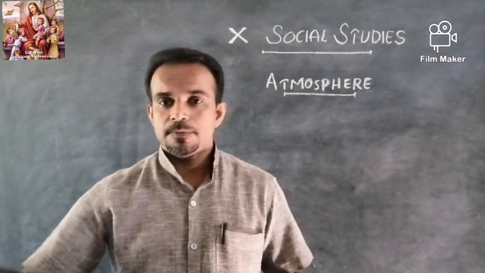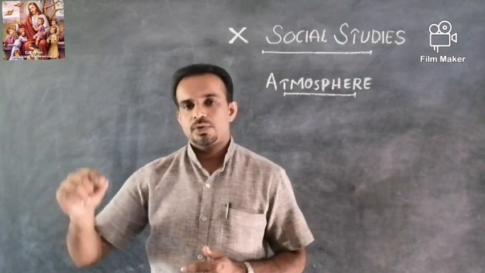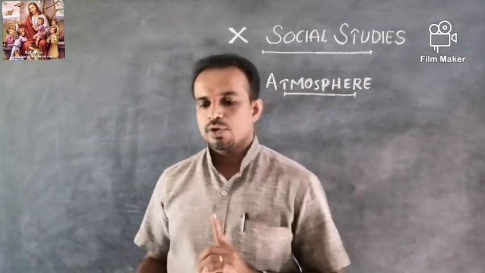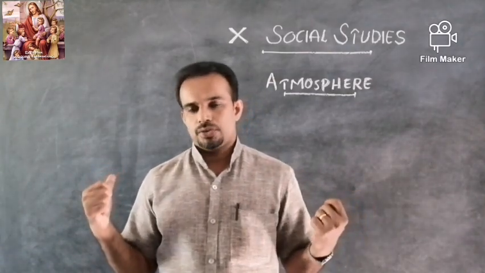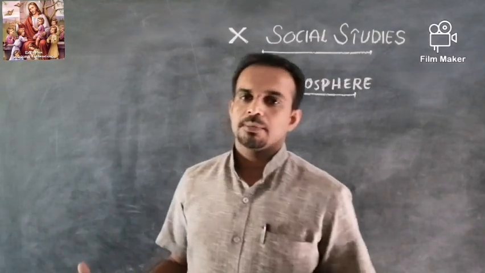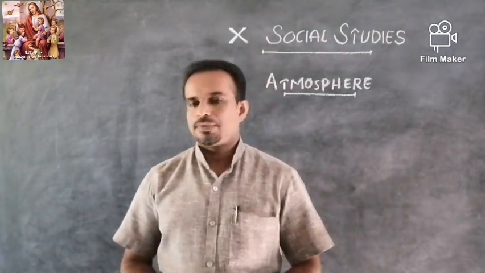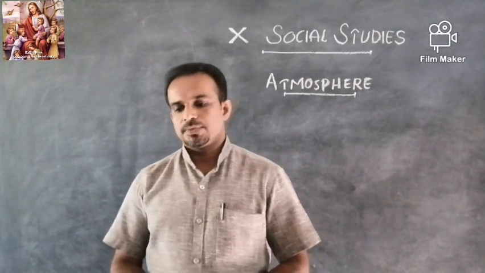In the troposphere the temperature decreases with the height, in the stratosphere the temperature increases with the height, and in the mesosphere once again it decreases with the height. And from the thermosphere the temperature starts rapidly increasing with the height, and in the exosphere also we are expecting the temperature to increase. That's all about the atmosphere and the layers or the structure of the atmosphere.